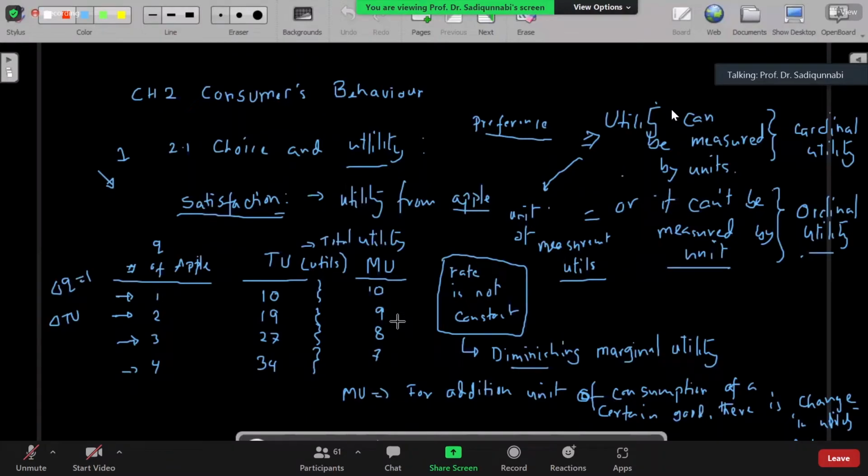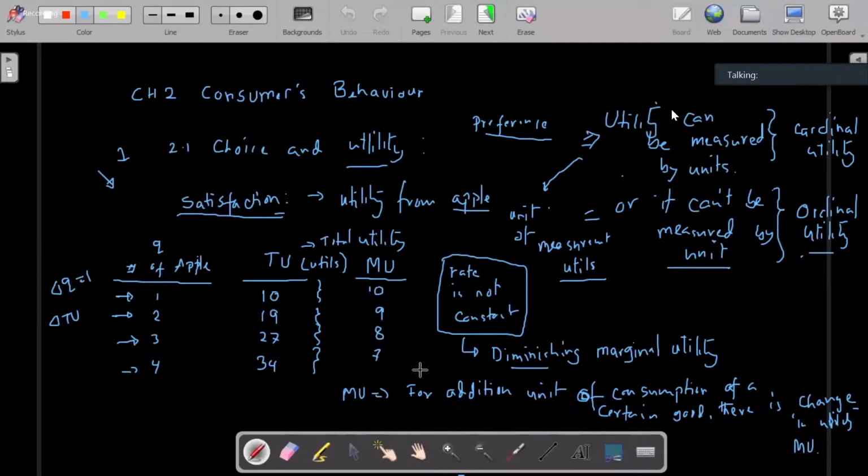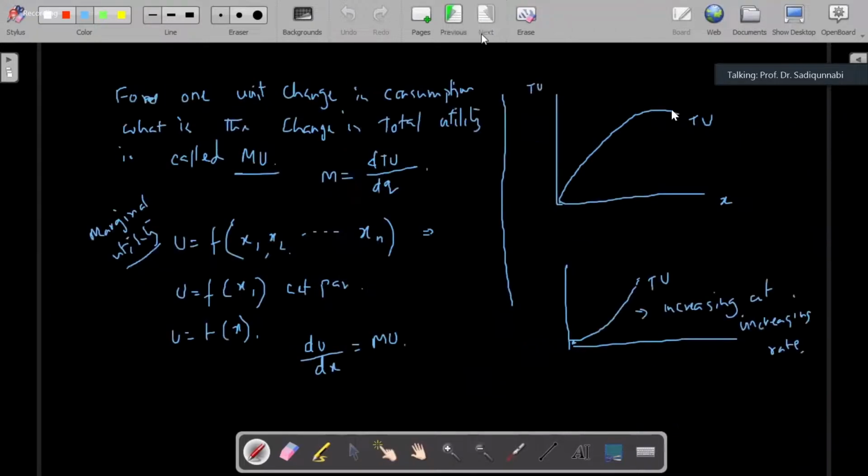And this obeys the law, and it is called the law of diminishing marginal utility. Write down the law of diminishing marginal utility.